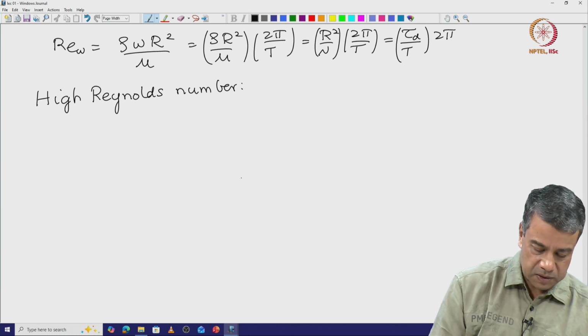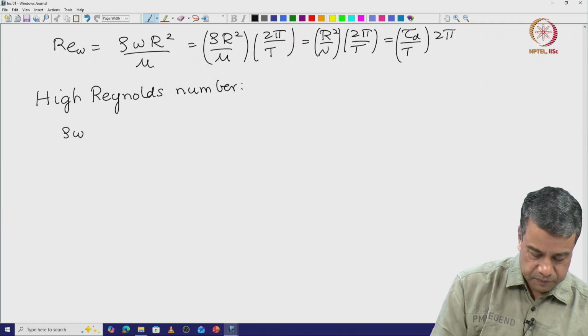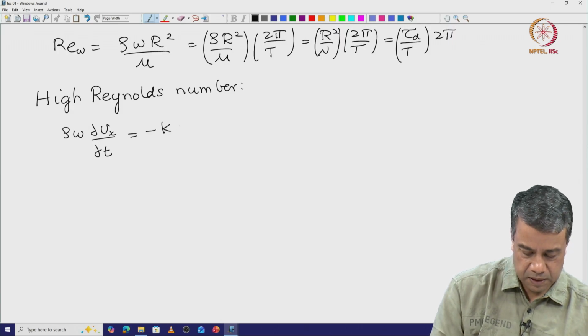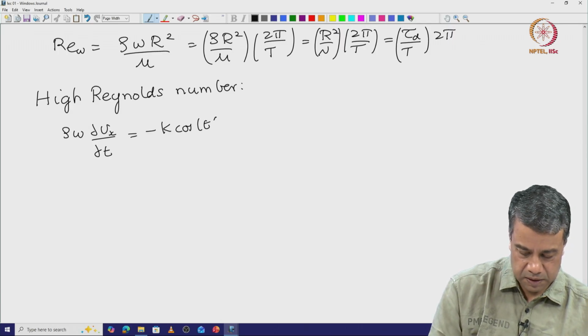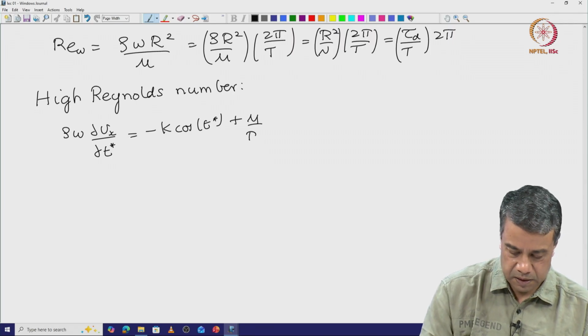We go back to our original equation, partial Vx by partial t is equal to minus k cos t star plus mu by r square times the viscous term.